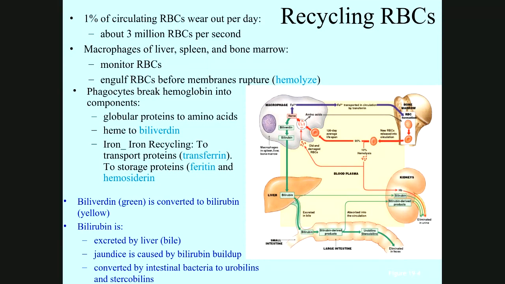The heme also can be digested to biliverdin. Biliverdin can be converted into bilirubin, which is a yellowish color. The biliverdin is green and the bilirubin is yellowish. It can be excreted by the liver in the bile.